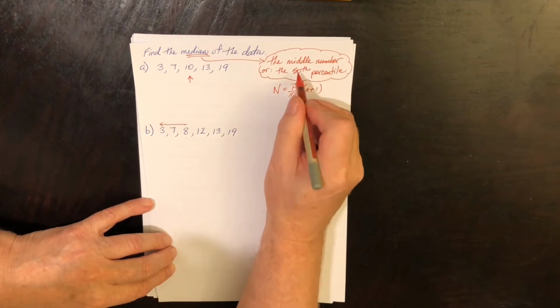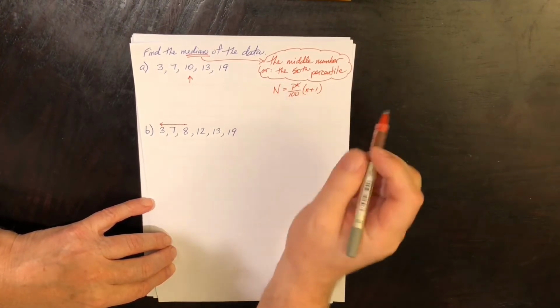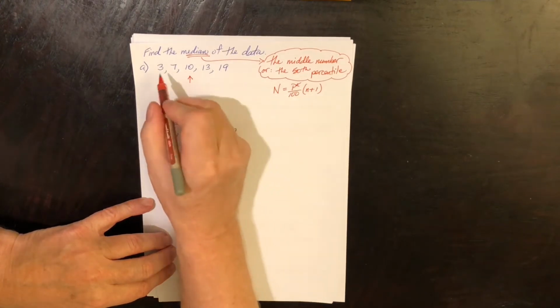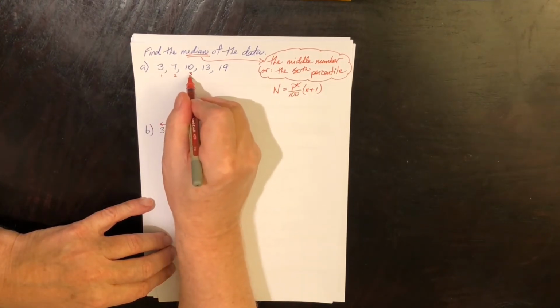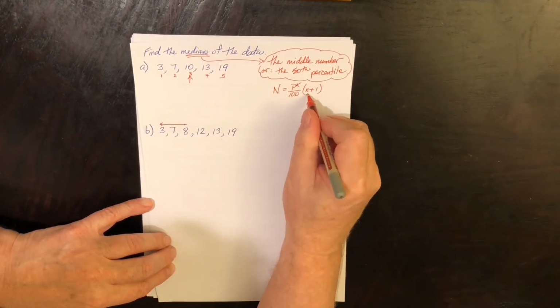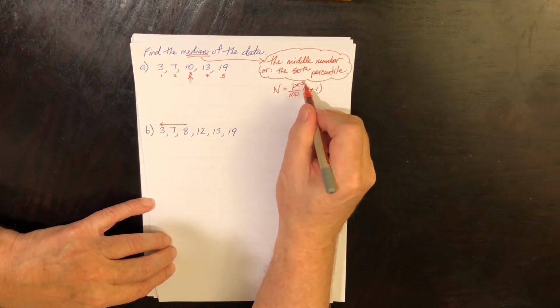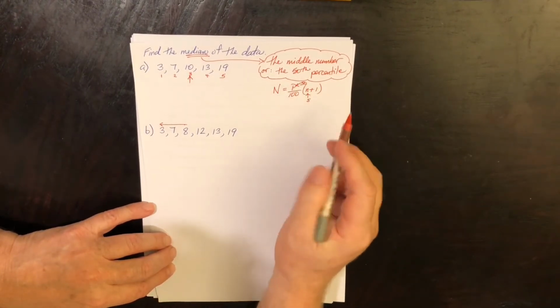So we're talking about the 50th percentile. We put 50 in for P. How much data do we have? 1, 2, 3, 4, 5 pieces of data. N is equal to 5. P is 50. These are the numbers we put into the formula.